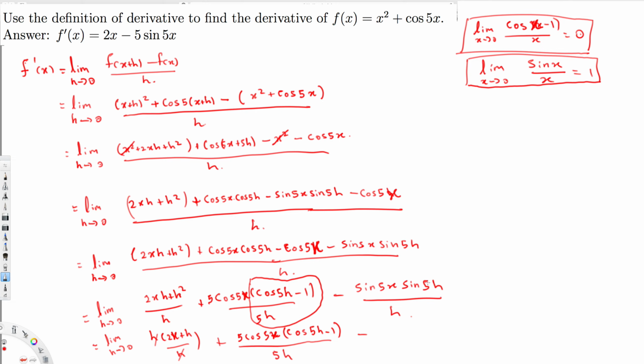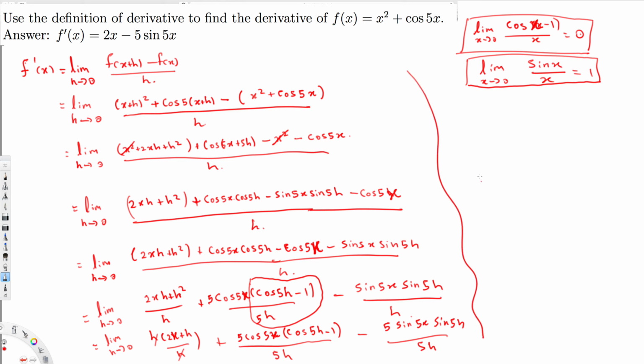Since we have 5 here, we have to have 5 here to get this result. If it's 3, I have to get 3. If it's 2, this has to be 2. So to get the 5, I can multiply bottom and top by 5. It's going to be 5 sine 5x times sine 5h over 5h.